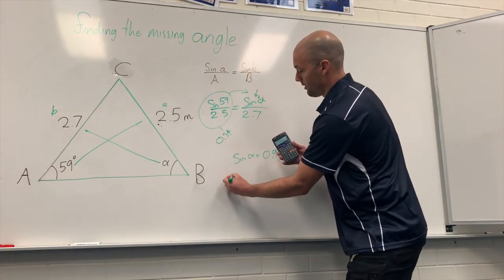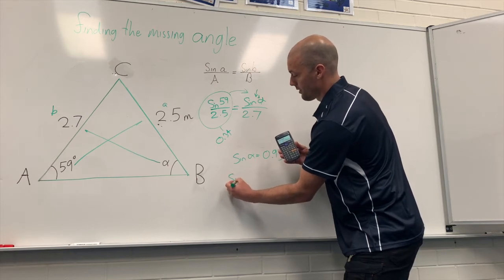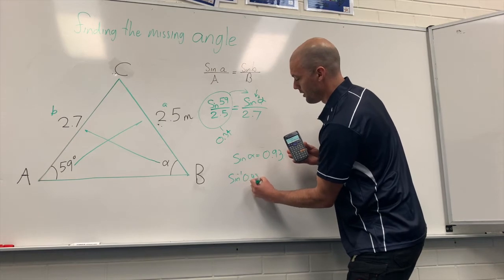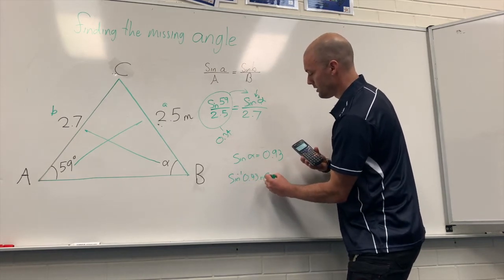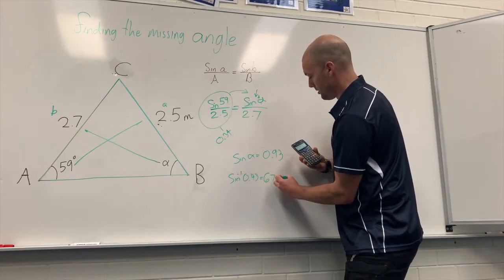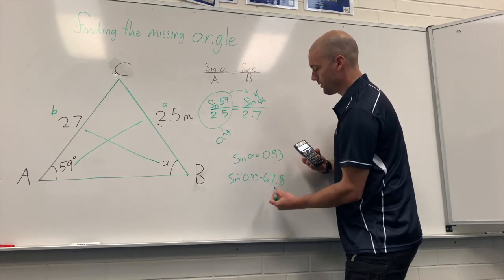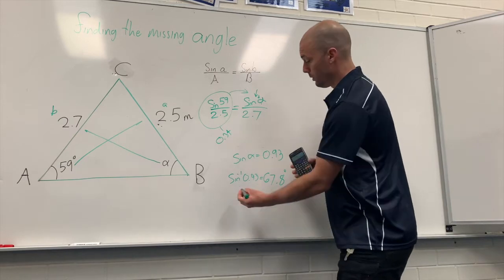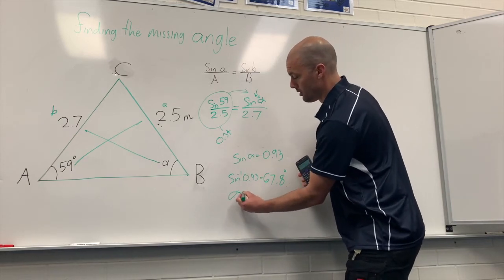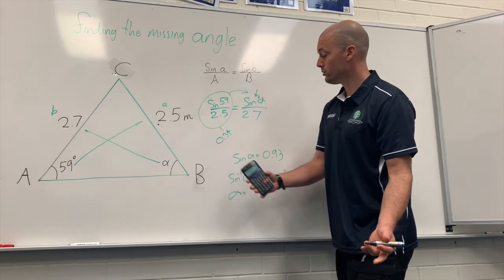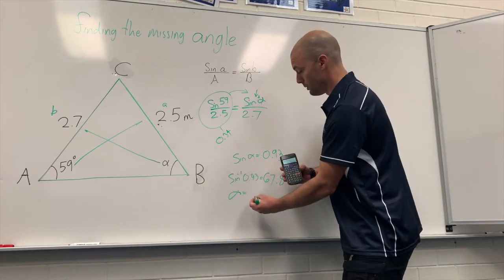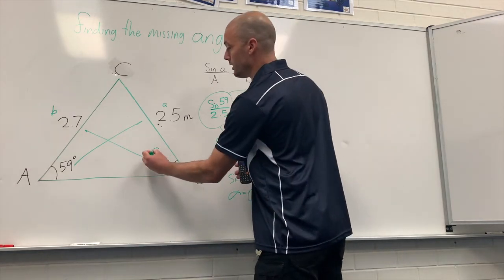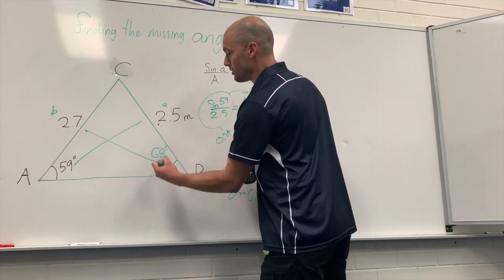So inverse sine of the 0.93 equals 67.8. Now this is an angle, so it's degrees with our angles. I've rounded to the nearest whole degree, which would be 68 degrees. Okay, so this guy here is 68 degrees.